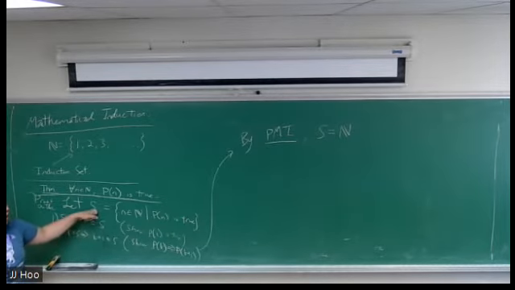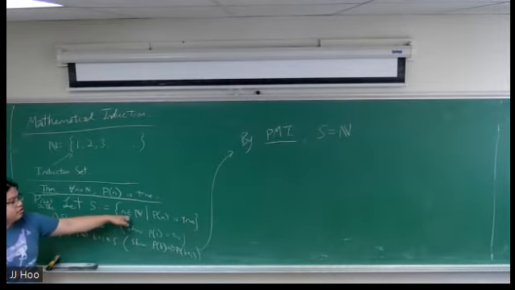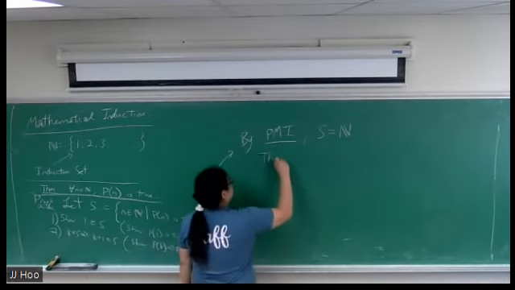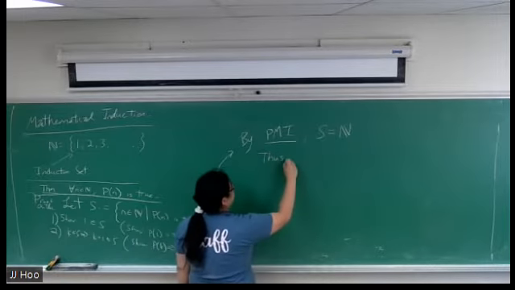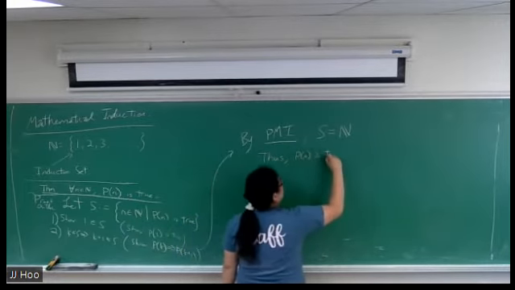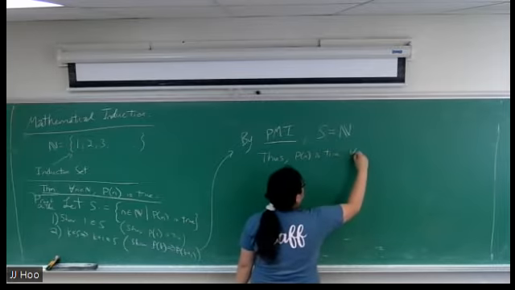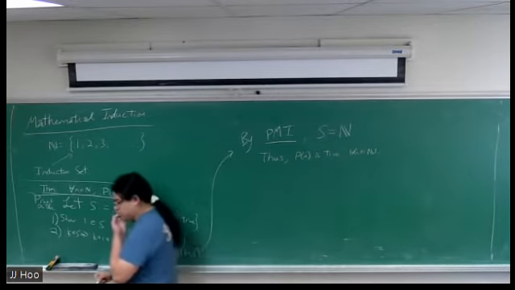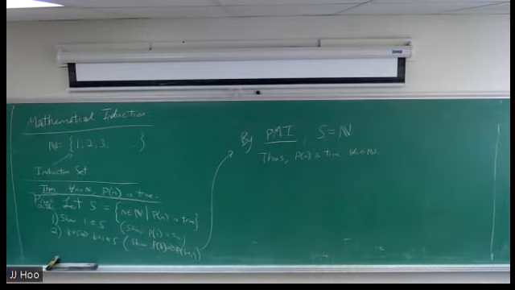But S was defined as all natural numbers where P of n is true. So by how we define S, this means that P of n is true for all n, which is what we want. That's the idea.